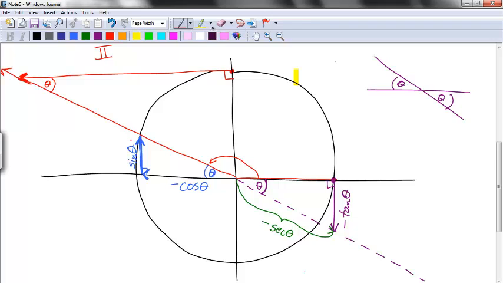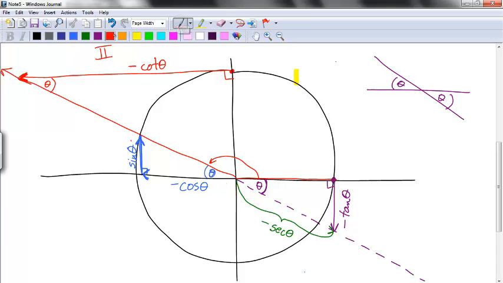So we're looking at this big triangle. We're looking at this triangle right here. Cotangent is going to the left, so it's negative. And cotangent, remember, is adjacent over the opposite, but the opposite is 1.